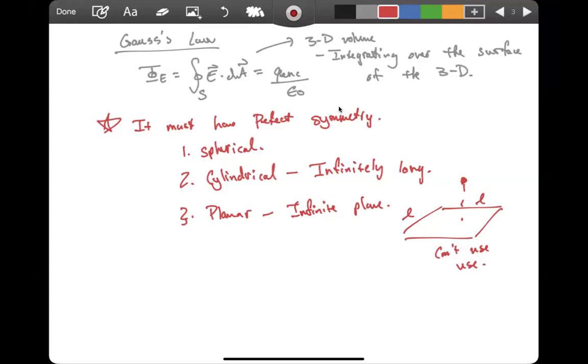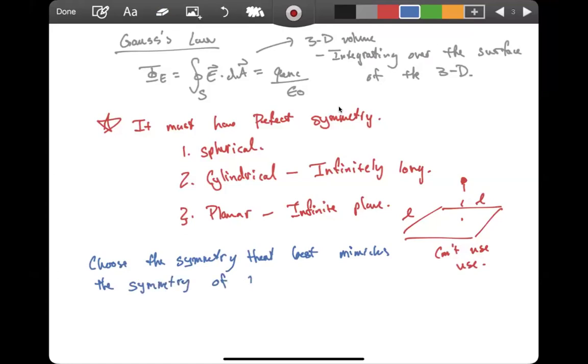So again, the idea here is to what? Choose the symmetry that best mimics the symmetry of the charge configuration.